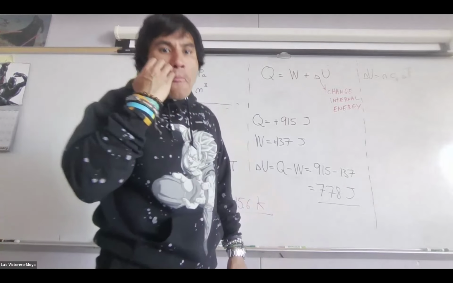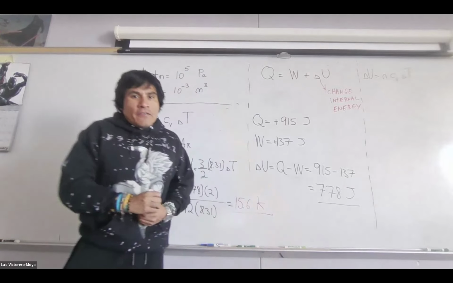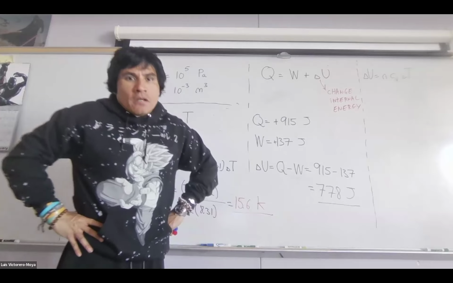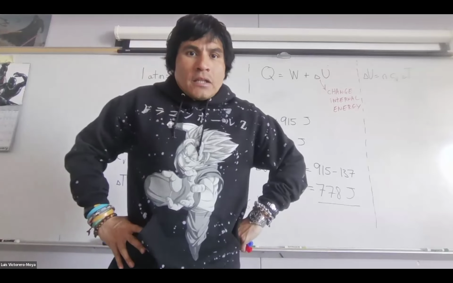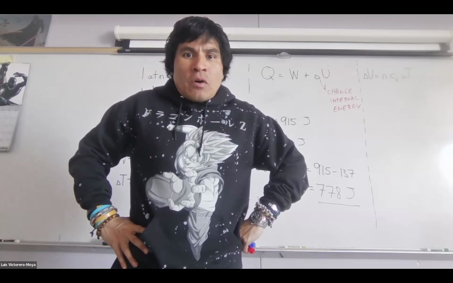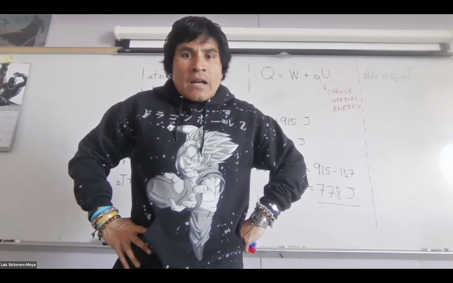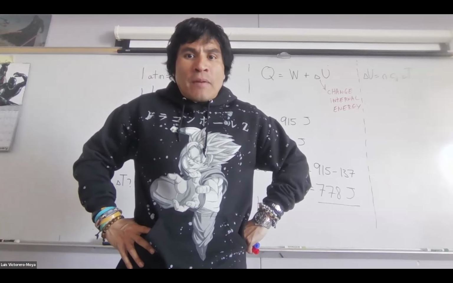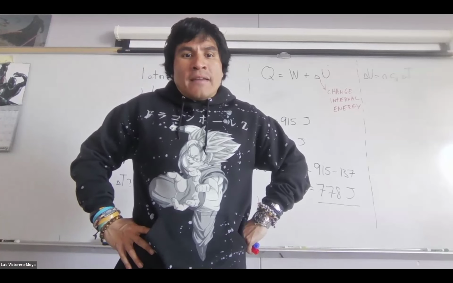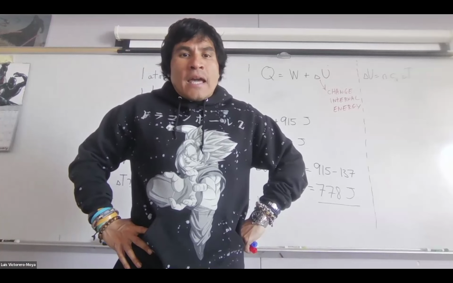Let's do a machine here. We have a thermal machine or a nuclear plant with a power output of 410 megawatts. The rate at which energy must be supplied to the plant is basically just the energy supply.